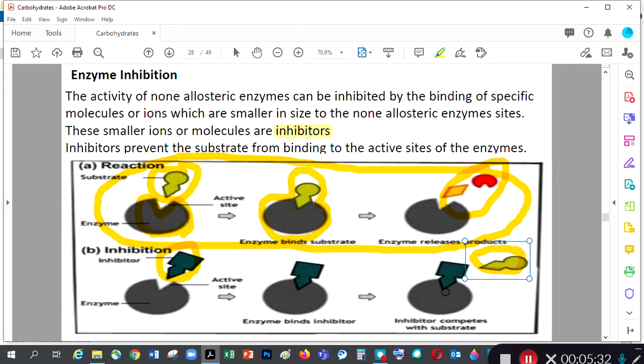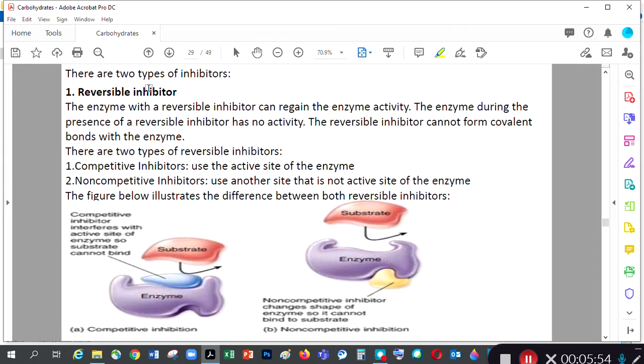In this case, we say the inhibitor competes with the substrate, overtaking the active sites. So there will be no reaction here, no products. Here we have a reaction. There are two types of inhibitors: reversible and irreversible. If we have reversible, then we will have irreversible as well.